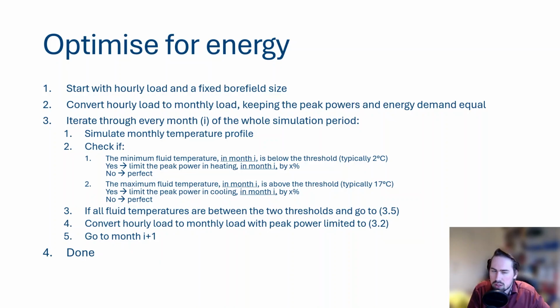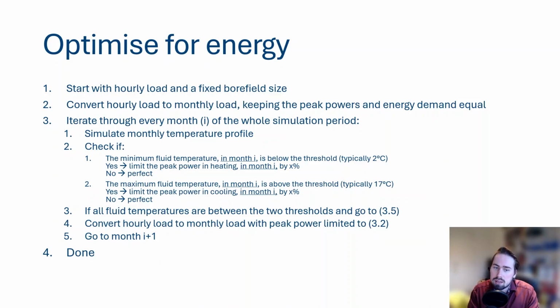So the main difference with the algorithm before is that we now do this only on a monthly basis. So the third step is, well, if all the fluid temperatures are within the temperature thresholds, then we can go to step 5, which is just go to the next month.